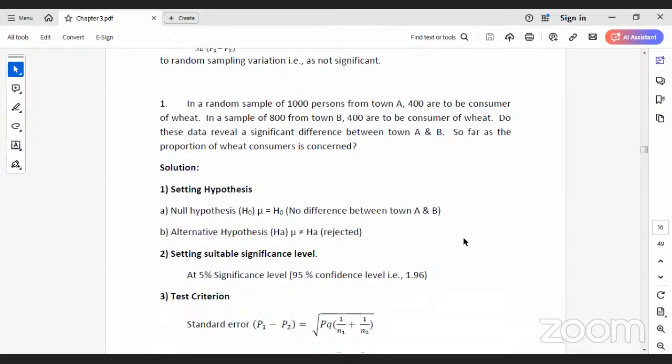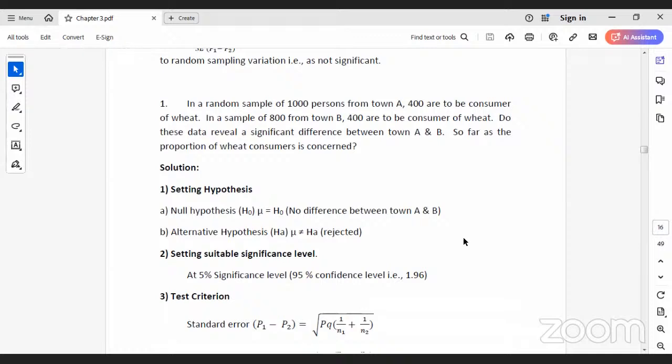In this problem, proportion of success means two villages or two consumers will be there here. So in this problem, you listen carefully. In a random sample of 1000 persons from town A, 400 are found to be consumers of wheat.